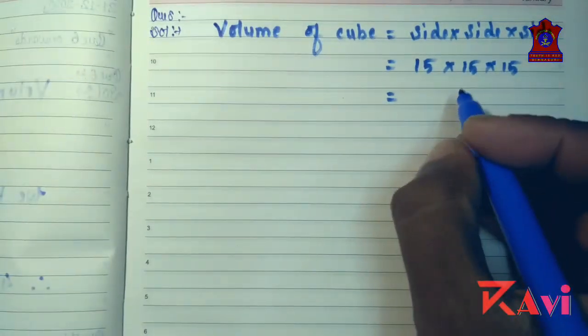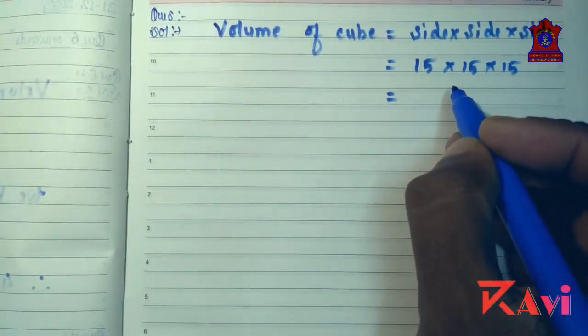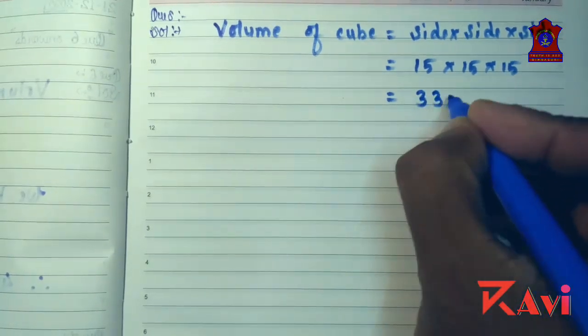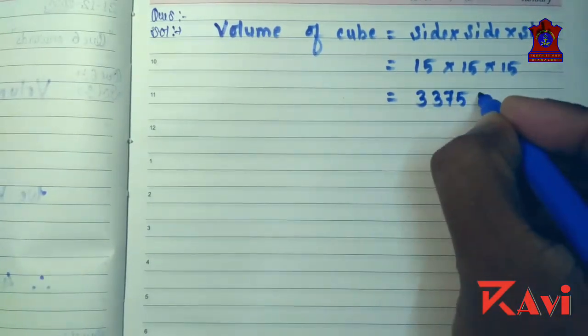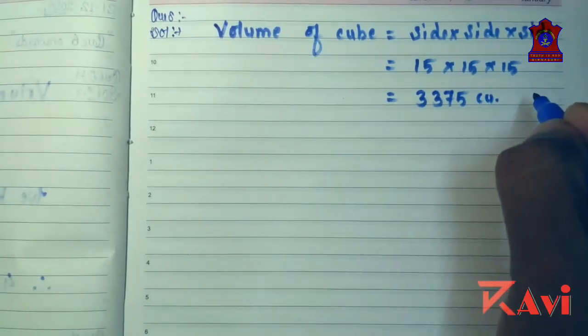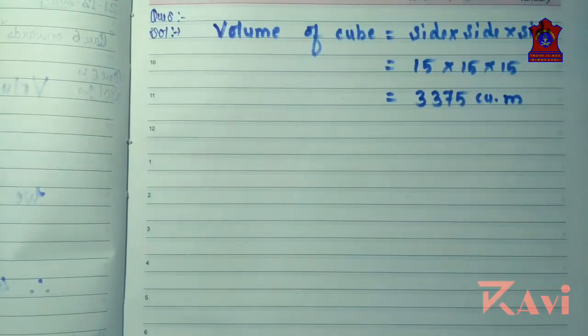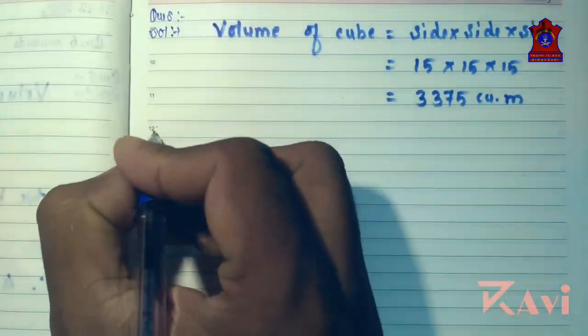See, after multiplying 15 into 15 into 15, we are getting 3375 cubic meter. So the volume of cube is 3375 cubic meter. Like this, we will find out the solution.